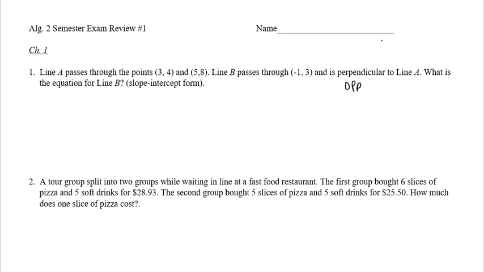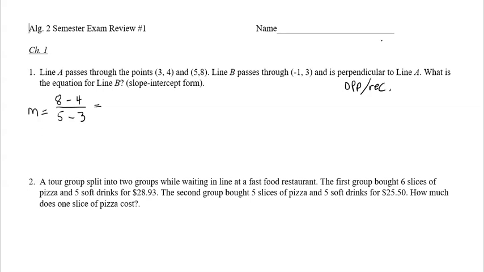slopes. They're opposite reciprocal. So I need to find out what the slope of this line called A is, and I've got a formula for that. y2 minus y1 over x2 minus x1.